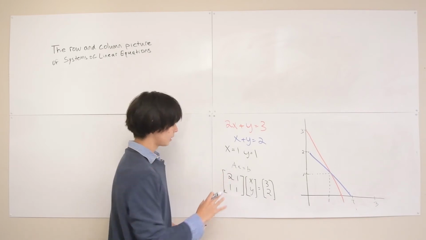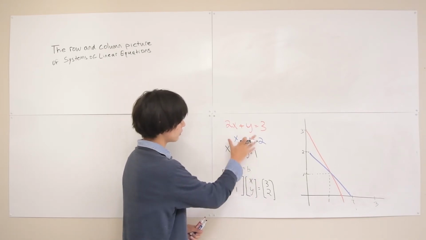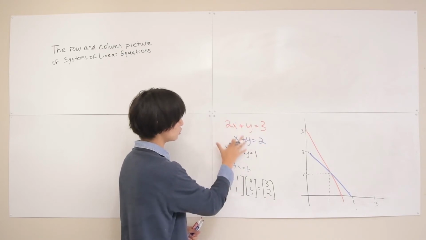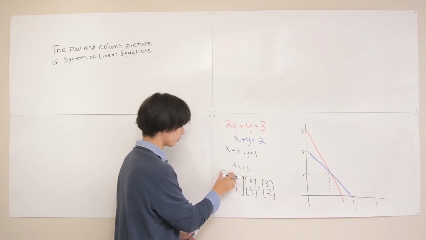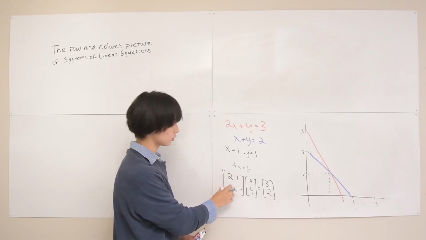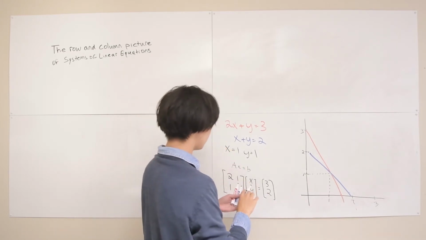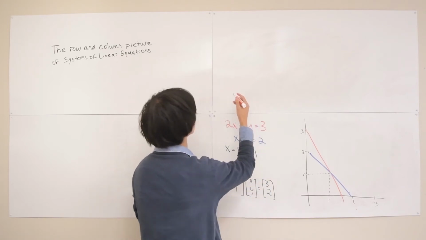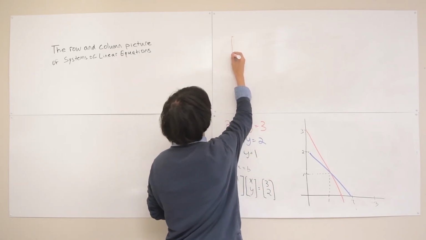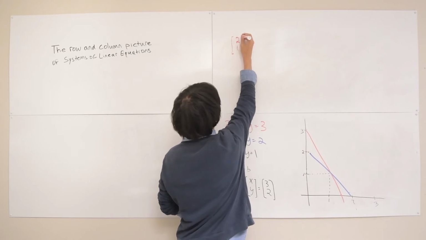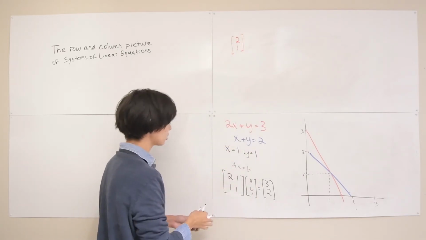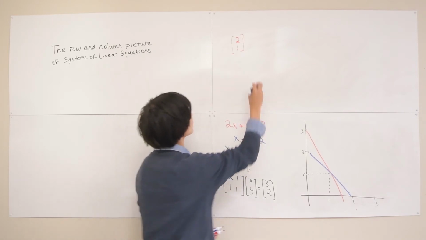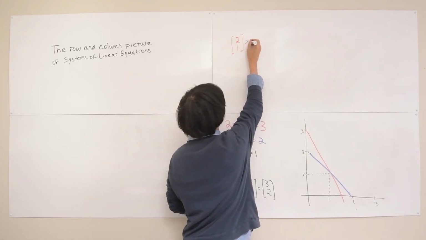That's the whole point. So what is the equivalent vector equation for these two linear equations here? Well, let's take the first column of our coefficient matrix, 2 and 1, and make that into a vector. So that's our first vector, and that's the first column of this. Let's multiply that entire vector by x, our first variable.